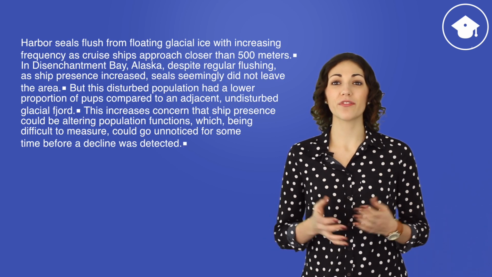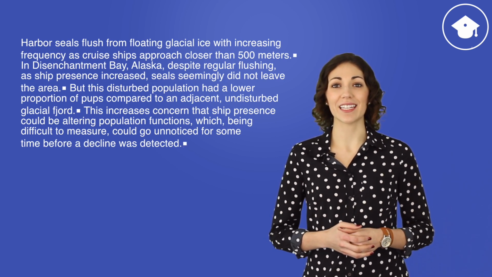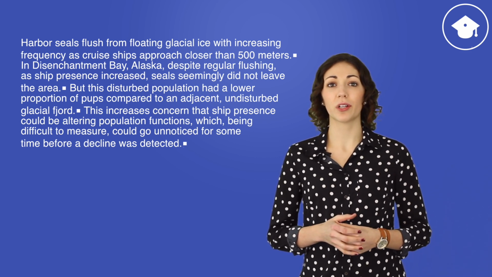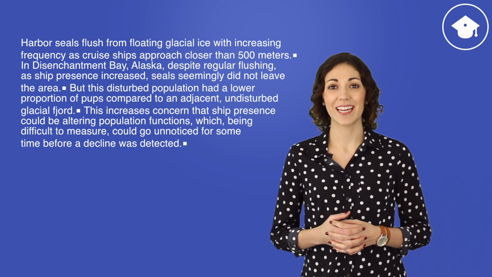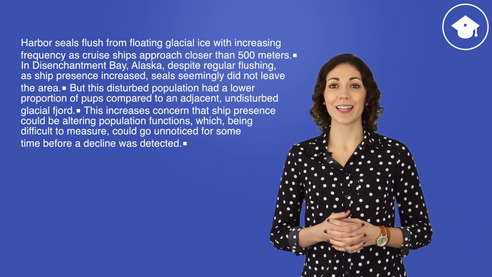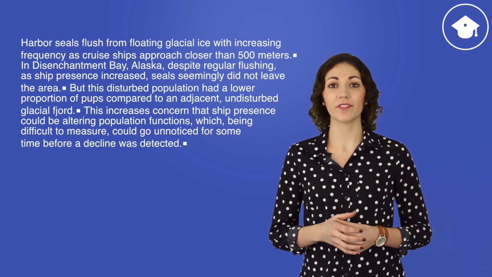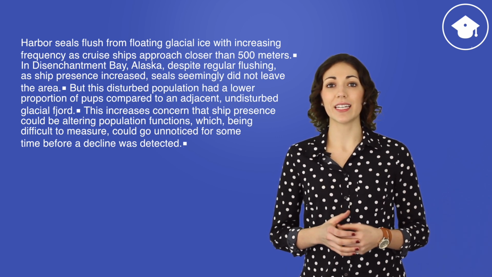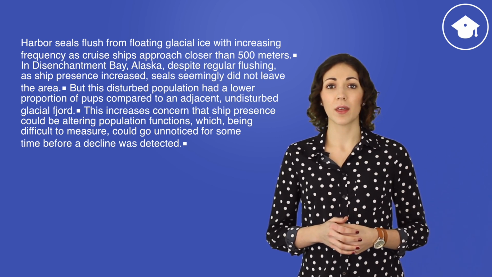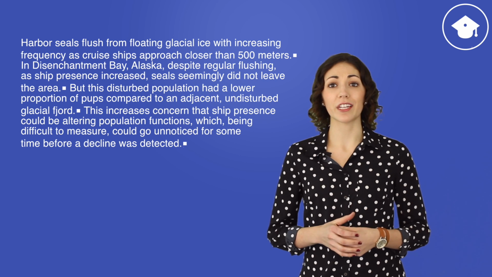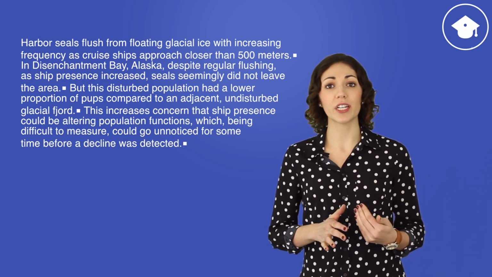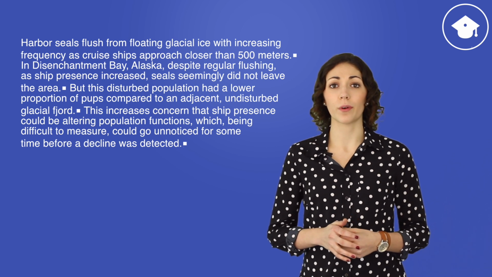Look at this passage. Harbor seals flush from floating glacial ice with increasing frequency as cruise ships approach closer than 500 meters. In Disenchantment Bay, Alaska, despite regular flushing, as ship presence increased, seals seemingly did not leave the area. But this disturbed population had a lower proportion of pups compared to an adjacent undisturbed glacial fjord.